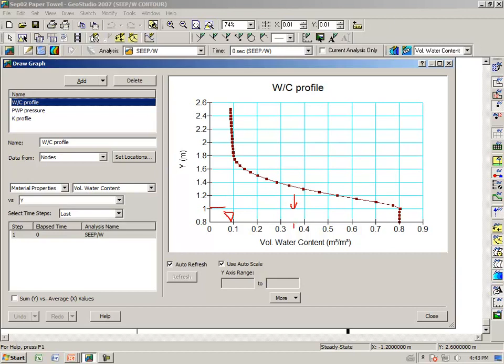This distance is 200 millimeters, and recall that we said that air would begin to enter the paper when we were at a pressure head of about 200 millimeters or 2 kPa. And that is exactly what you see here. Now the water content is beginning to diminish, and finally we reach a point where the water paper is very, very dry. So the SEEP computed water content profile is a direct reflection of the specified volumetric water content.